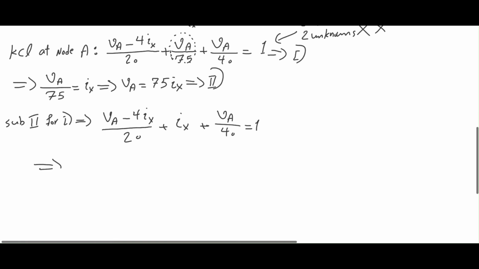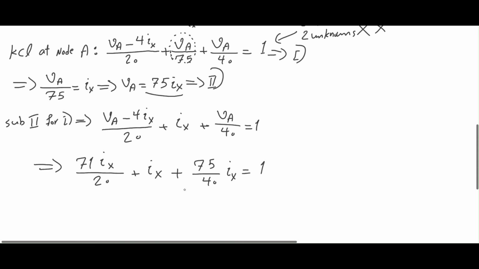And then instead of VA, I'm going to put 75 Ix. So 75 minus 4, let's make it simpler, 71 Ix divided by 20 plus Ix plus, again, VA, which is 75 over 40 this time, Ix equals 1.